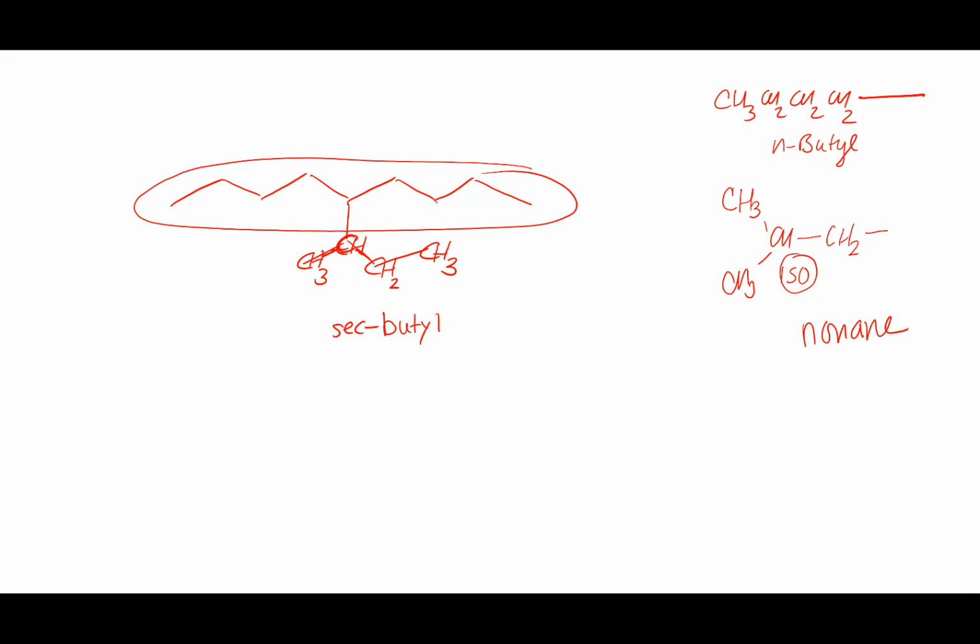Can you explain again how you go about picking whether it's primary, secondary, tertiary? So let me just write this group by itself. How many carbons, forget about what's up here. What's up here is nothing, okay? So this carbon, how many other carbons are attached to it?